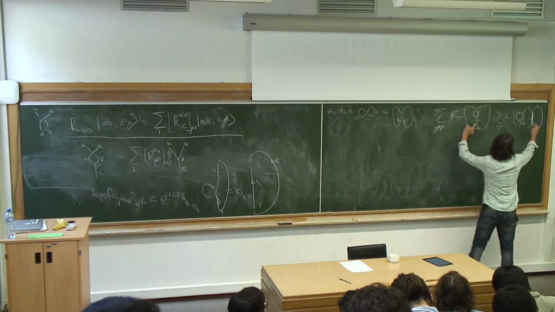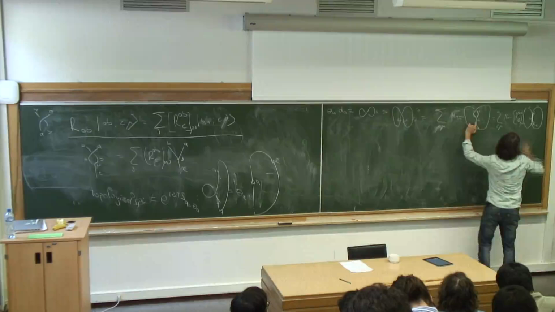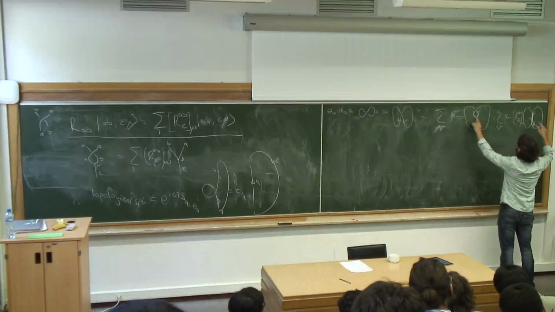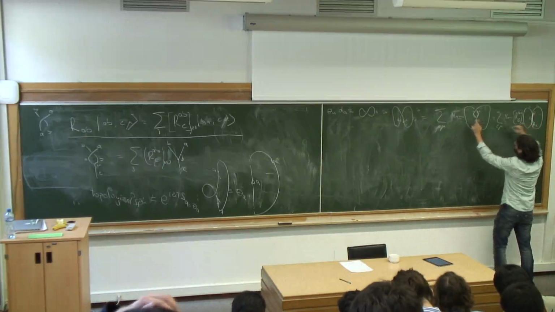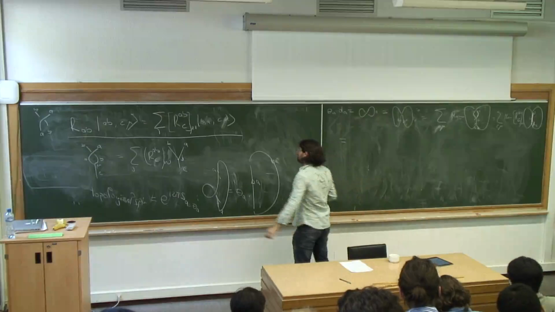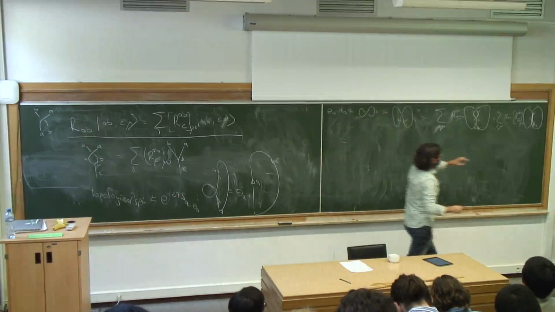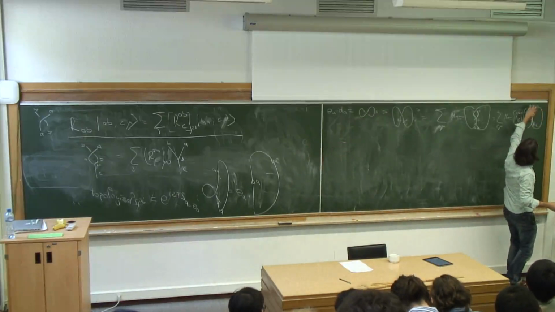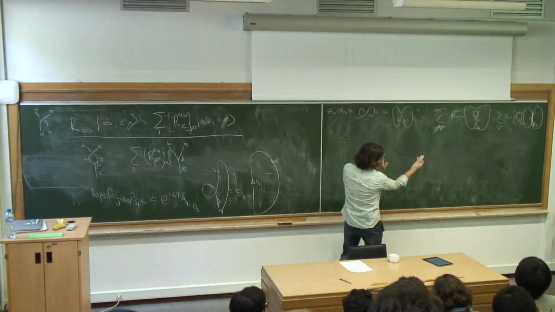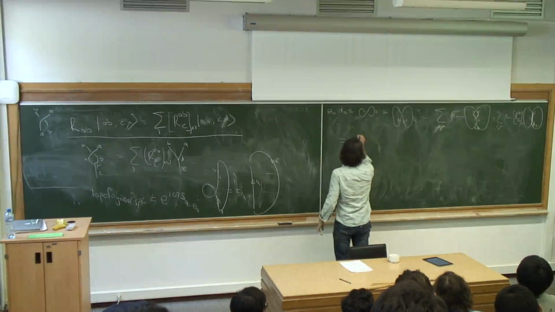Sorry, this is still mu here, and this is nu here. Because this is the same thing as this, and I acted R here. So now what I'm going to do is take this and move it to this side. You can think of it as taking it in the other dimension and moving it like this.